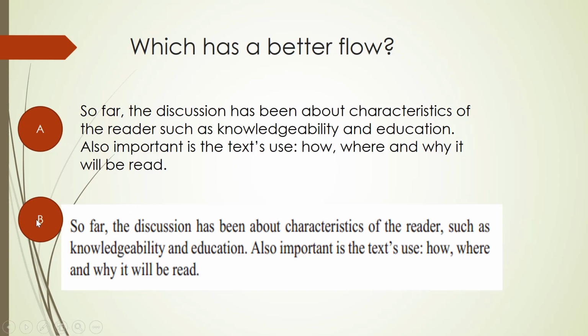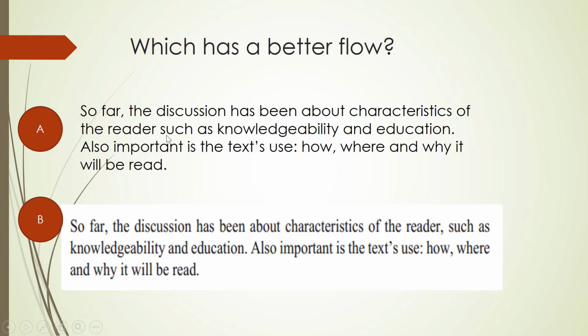You'll see that B has a better flow, right? Why so? Look at A first. If I do not use any comma before the phrase "such as," like this, the discussion has been about knowledgeability and education.